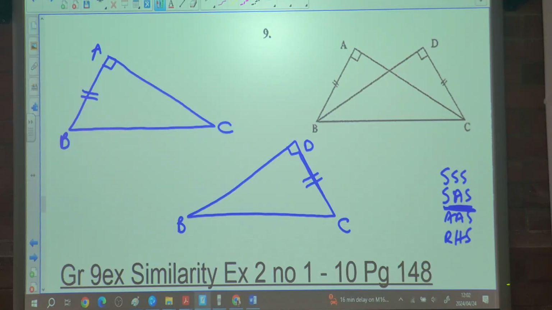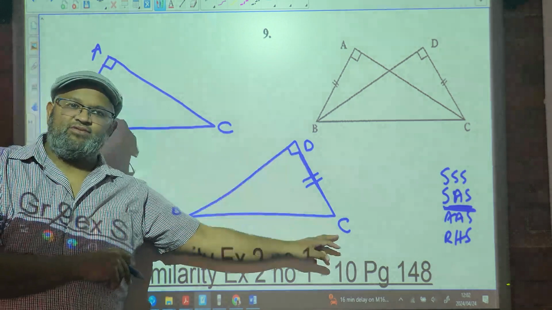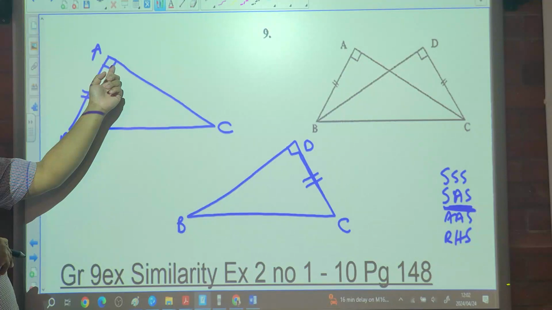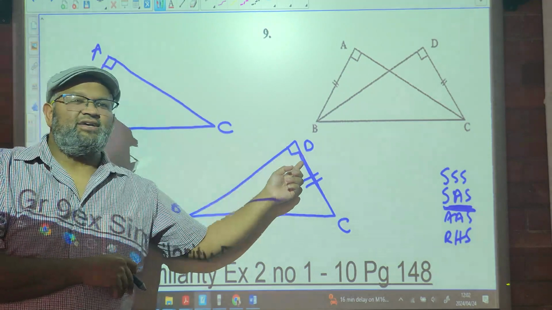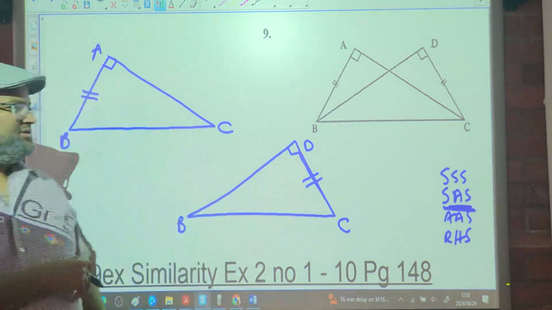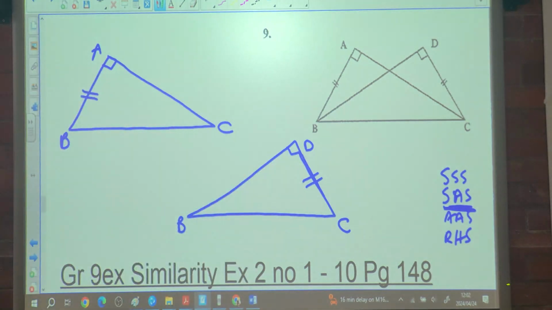Why do you say no, Michael? Rudolph, why do you say that? AB is equal to what? Easy, that's given. Angle A is equal to angle D, given 90. So we just need one side or one angle.